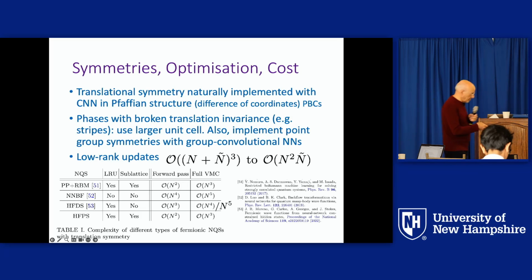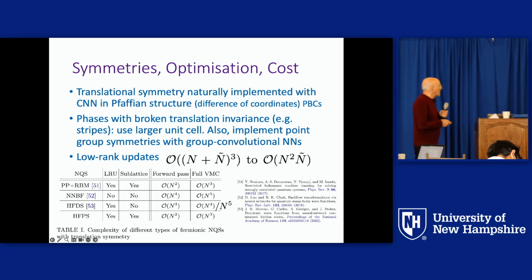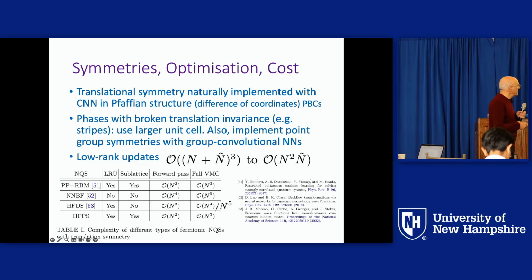So this is a little comparison here of the scaling of the method as a function of the number of particles for one forward pass of the VMC optimization, and then for the full VMC. This is, for example, neural network backflow from this early paper by Dido and Brian Clark.